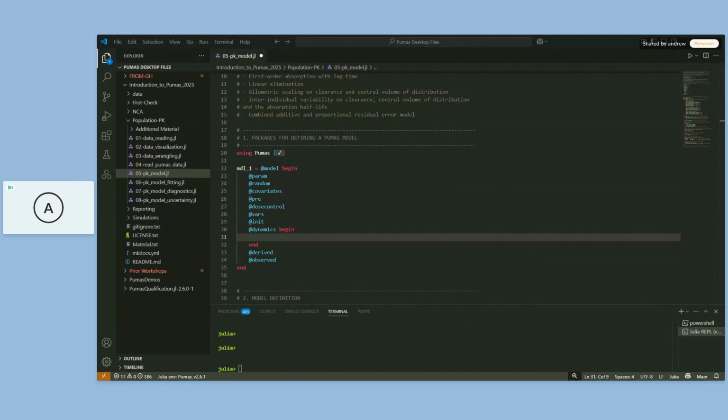Oh, Jacob might not be there. Let's try somebody who has talked. Oh, you're there. Okay. Have you ever written a differential equation before? Nope, don't think so. Okay.